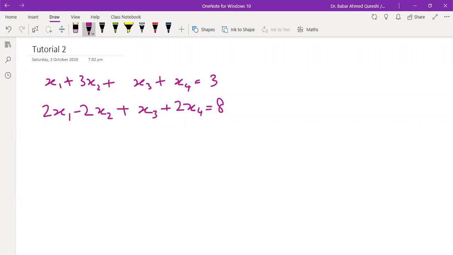And it has 4 variables, but only 3 equations.